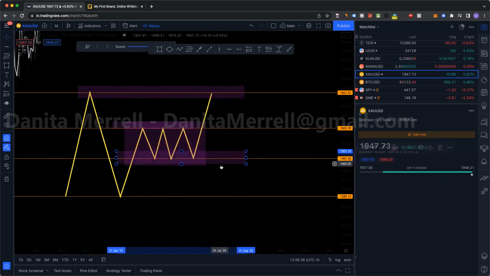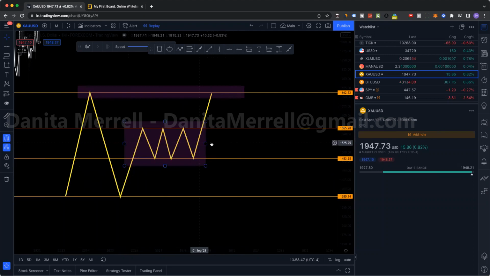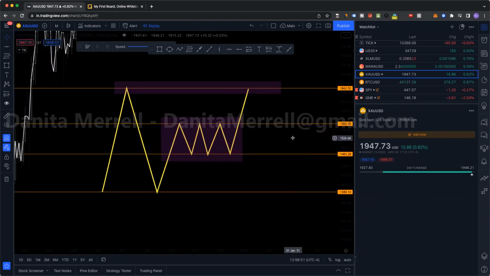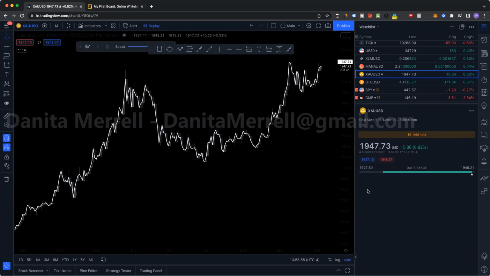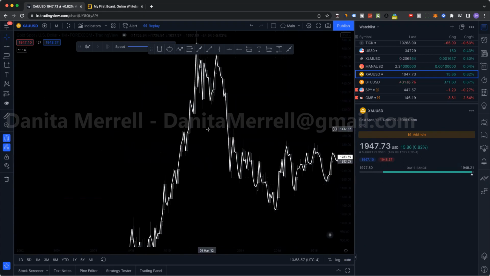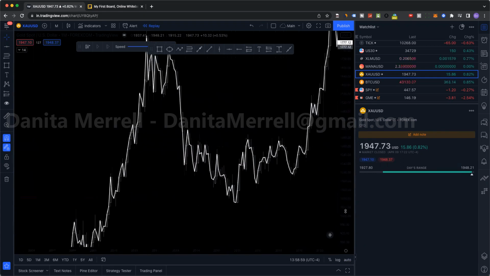And then you have your weekly complete for the monthly to become complete. And then obviously you have your dailies inside. Okay, so let's look at monthly. Let's just look at this price action, somewhere in here.